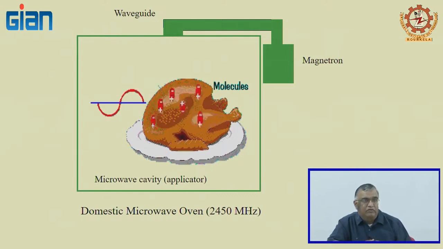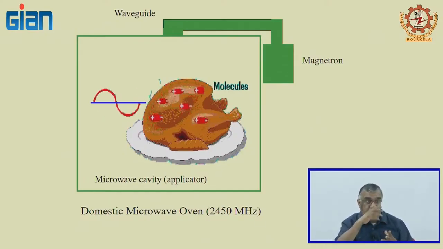The sample absorbs the microwave, and how does microwave heat the food? The simple answer is that most food substances have water, and water tries to follow the microwave. I mentioned 915 megahertz or 2450 megahertz.